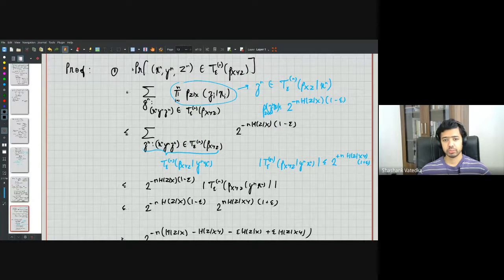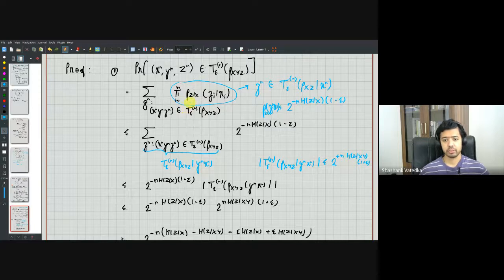We want to know, for a fixed xn, yn, what is the probability that xn, yn, zn are jointly typical. All right, but we are drawing zn according to p z given x. So this probability is the summation over all zn which are jointly typical with respect to x and y, times the probability of drawing that particular sequence, which is p z given x.